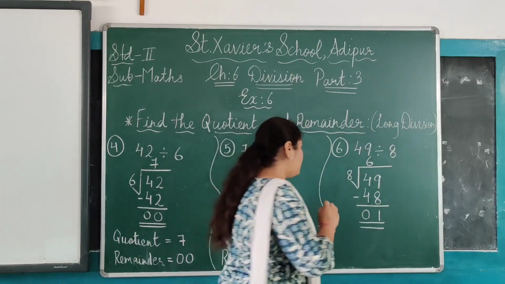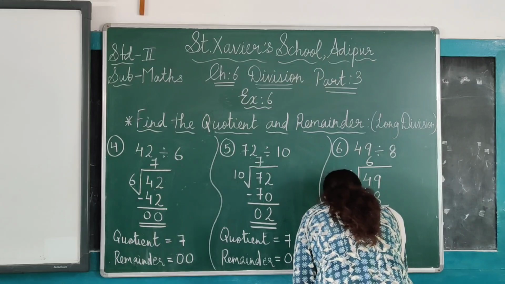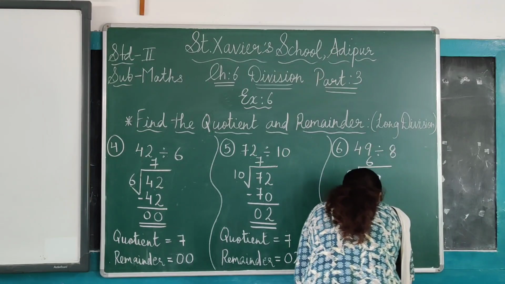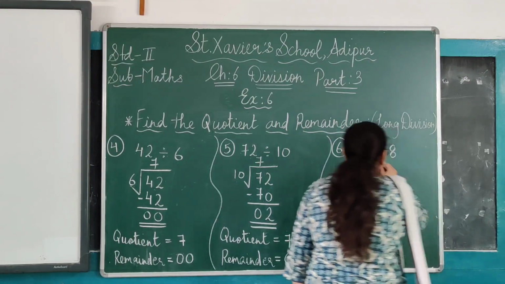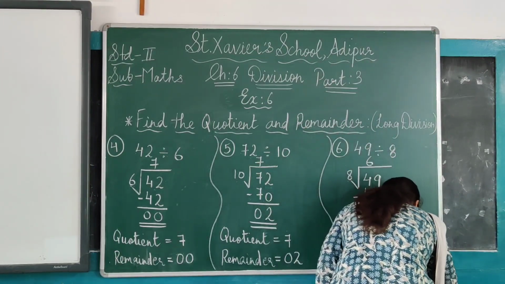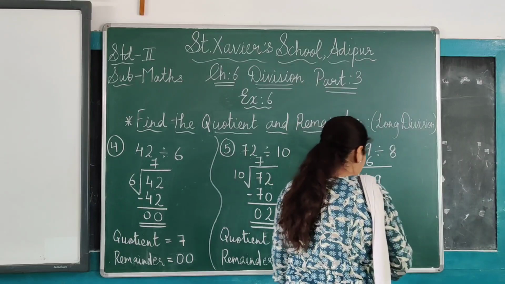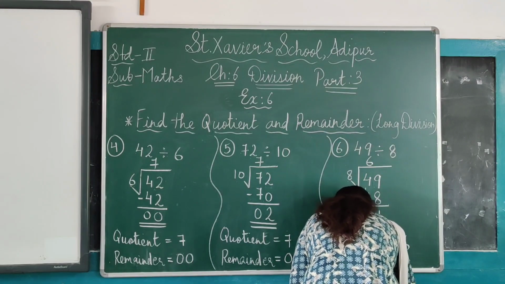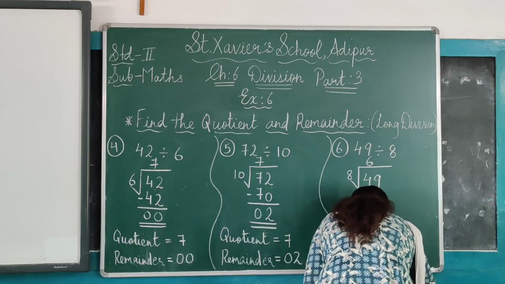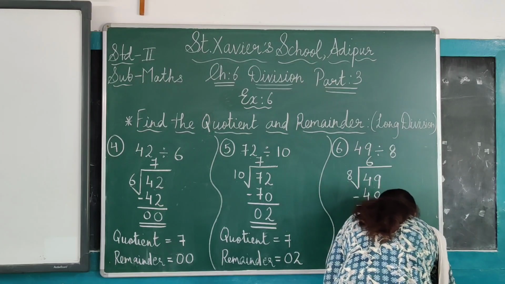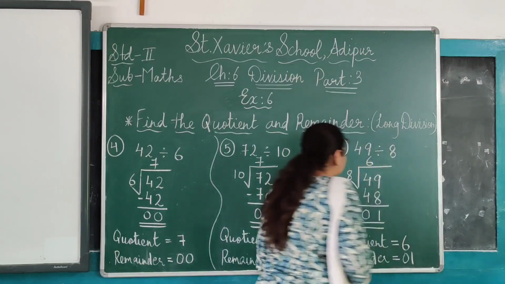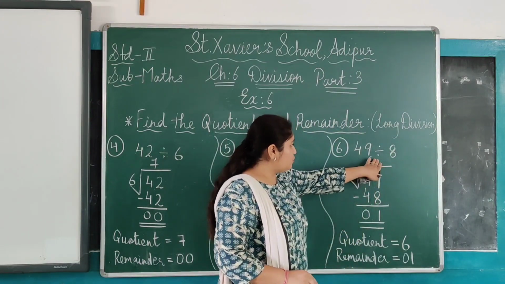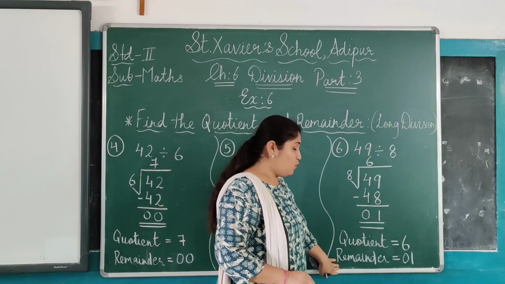Remainder क्या बच रहा है? 1. Okay. So here the quotient is 6 and remainder is 1. See, this is the quotient and remainder is 1.